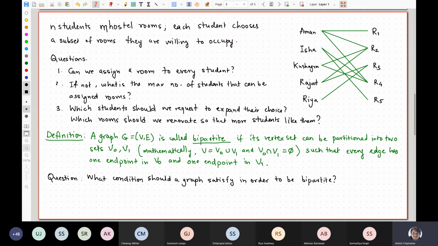As someone already said, the triangle graph is not a bipartite graph.